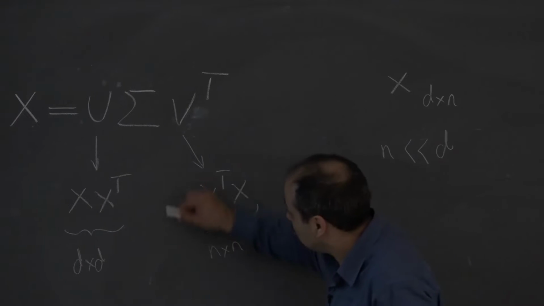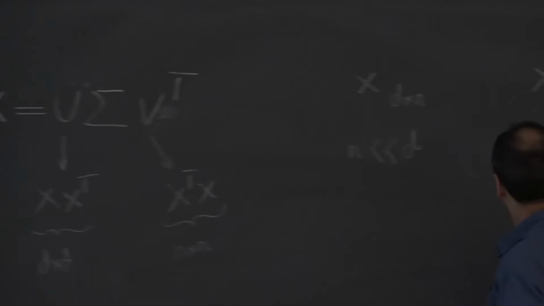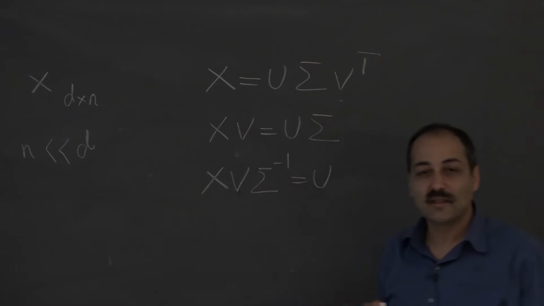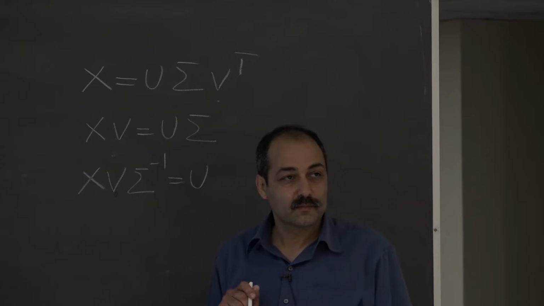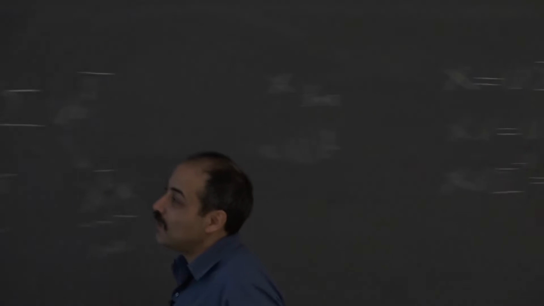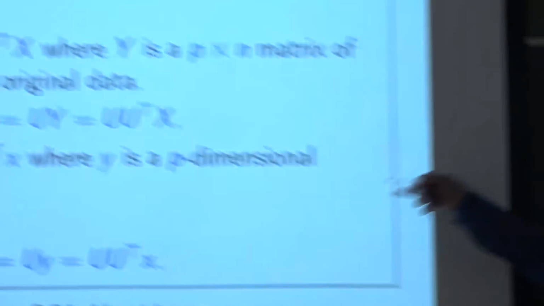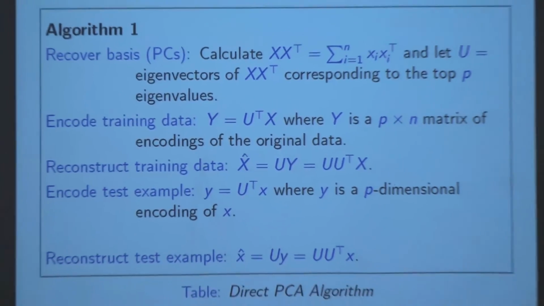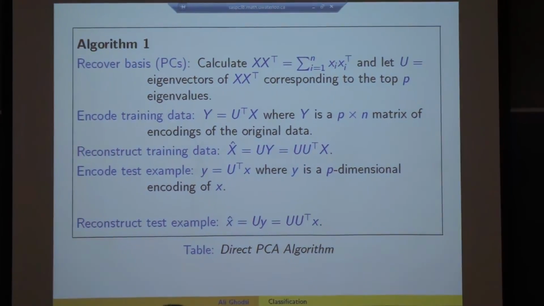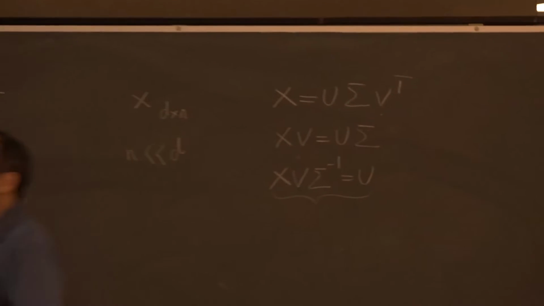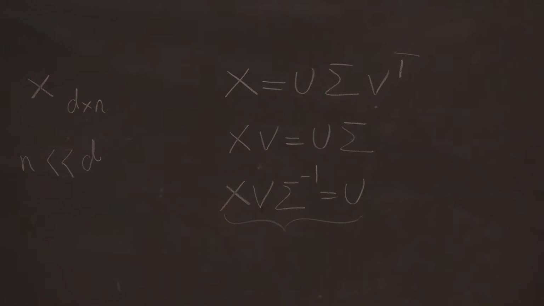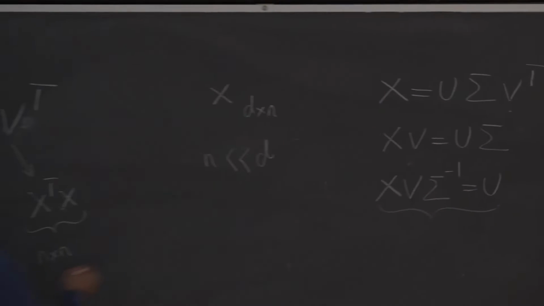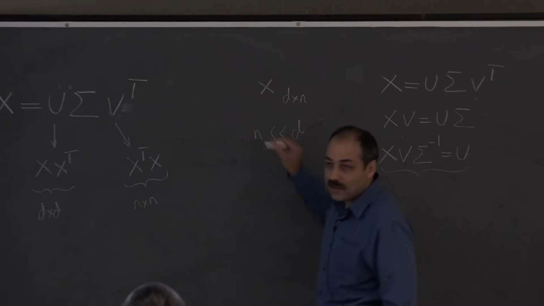So just by decomposing X transpose X, I do have sigma and I do have V. So I can compute U. So if you take this direct algorithm and replace all occurrences of U here with this form, then you come up with a dual form of PCA that does not depend on D, but depends on N.